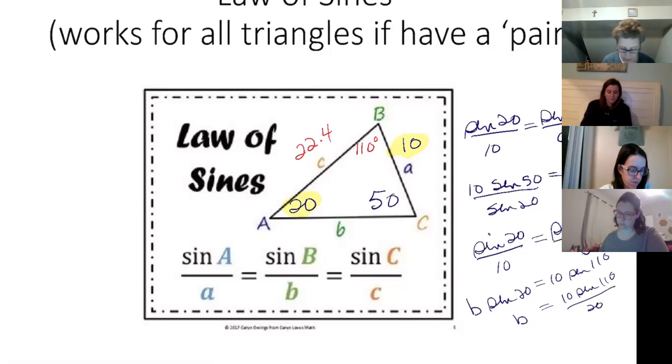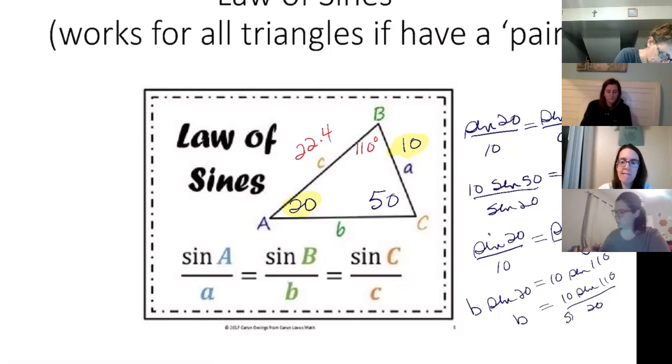I'm going to use my fraction again, alpha y equals, and I'm going to have 10 times the sine of 110, and then in my denominator, I'm going to have 20. I'm going to hit enter. And I did something wrong. I think it's supposed to be sine 20 on the bottom. Oh, yes, thank you.